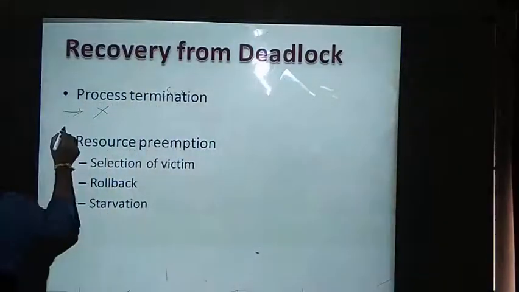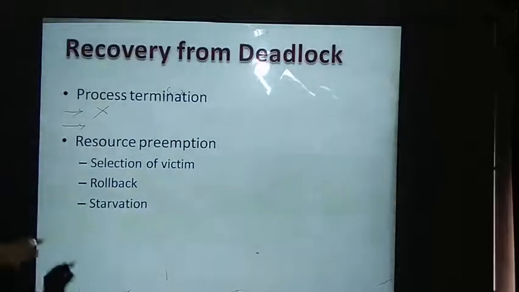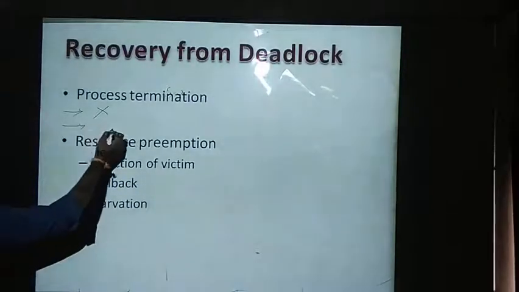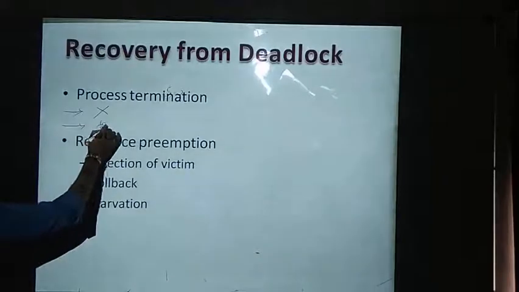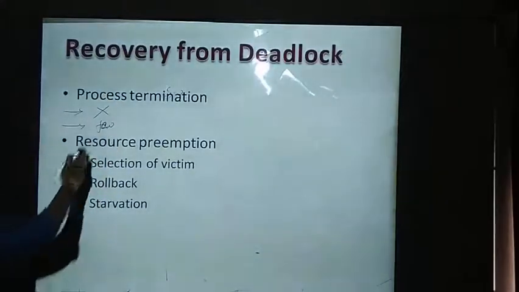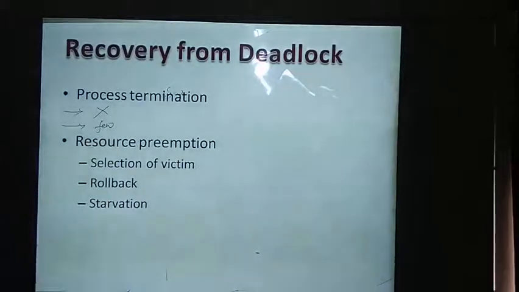To overcome the issue in the first method, the second approach is to terminate only those processes which are leading us to the deadlock situation, a few processes. If a process is not leading us to deadlock, we will execute it without disturbing it. That is the method we use in process termination.